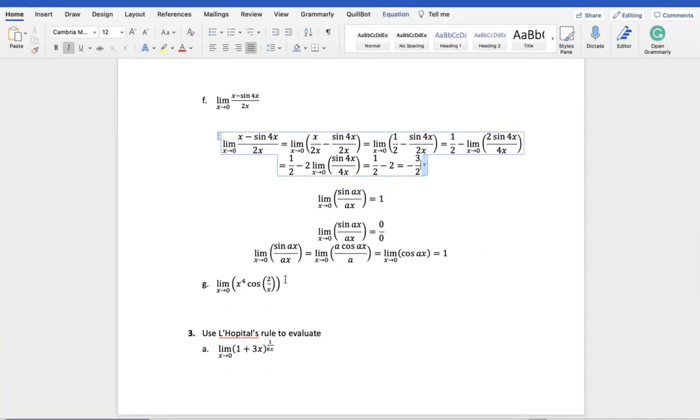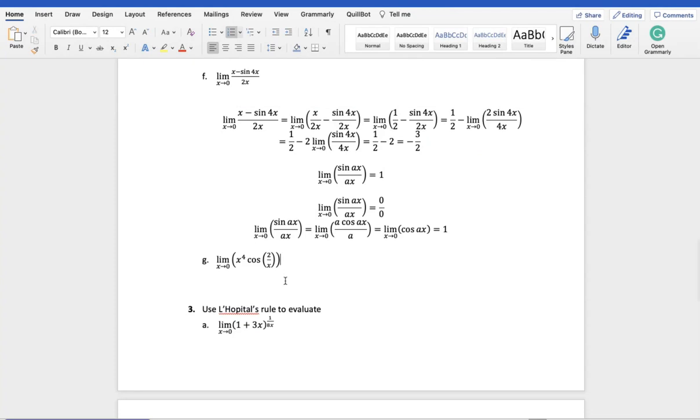And then if you look at the next question, you have the limit as x tends to 0 of x to the 4 times cos of 2 over x. Now, if I were to ask you, what method do you think you can use here to solve this problem? It's the squeezing theorem.